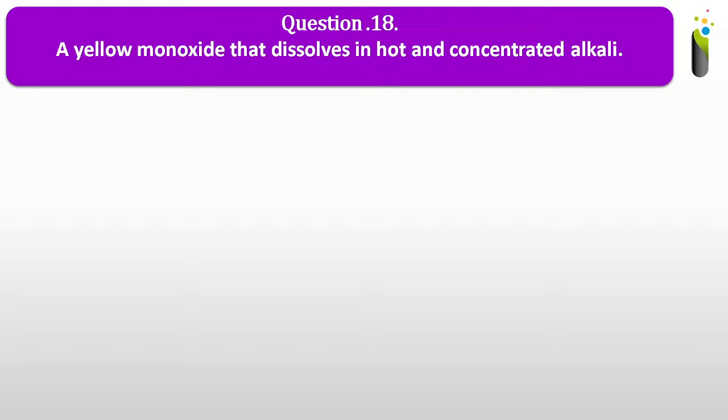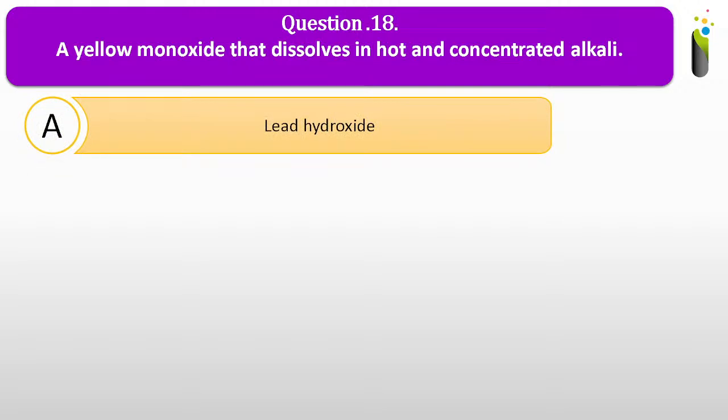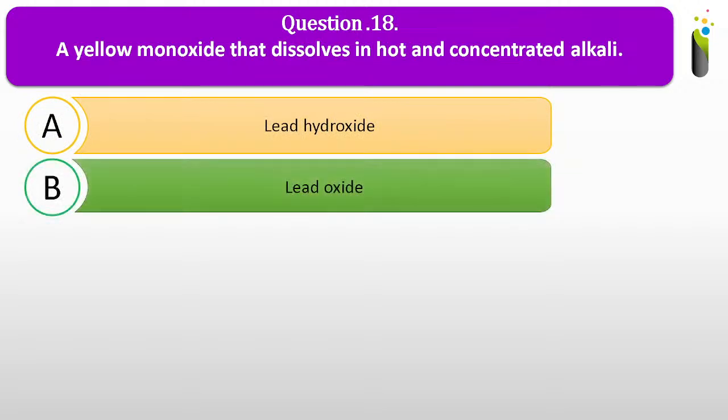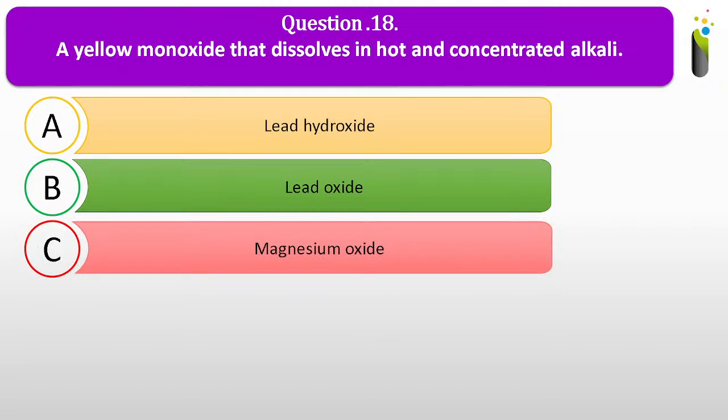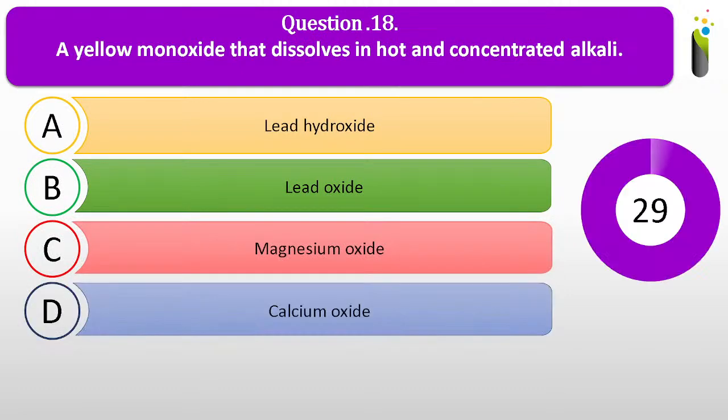So, question number 18. A yellow monoxide that dissolves in hot and concentrated alkali. A. Lead hydroxide. B. Lead oxide. C. Magnesium oxide. D. Calcium oxide.